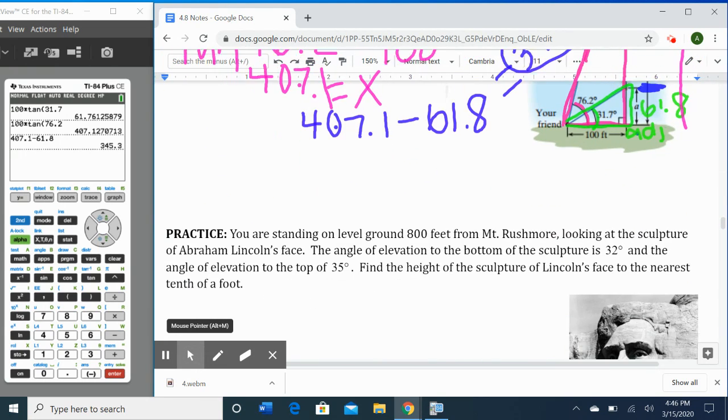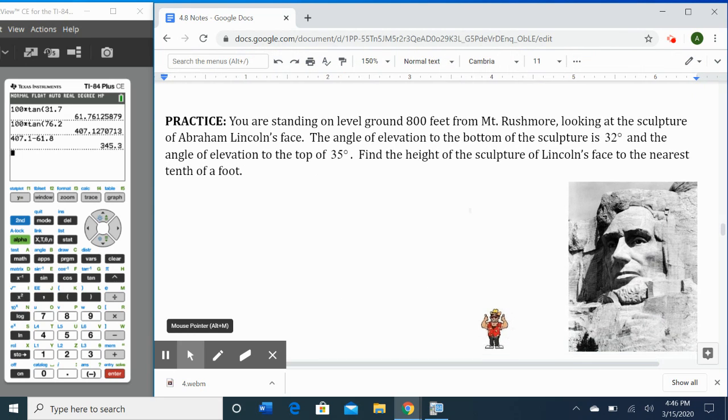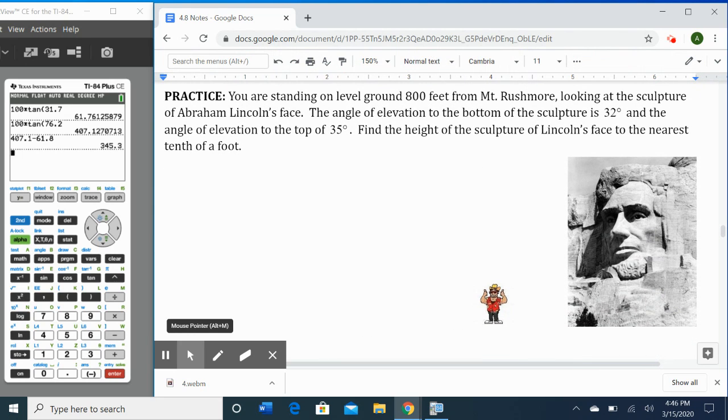So why don't you try this practice problem involving Mount Rushmore, pause the video, and then we'll go over it. So you're standing on level ground 800 feet away from Mount Rushmore, looking at the sculpture of Abraham Lincoln's face.